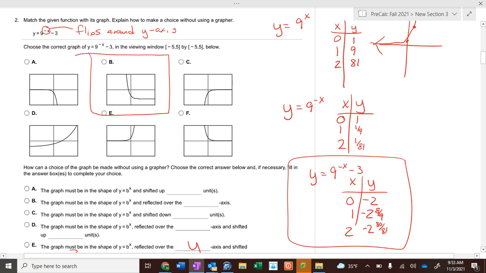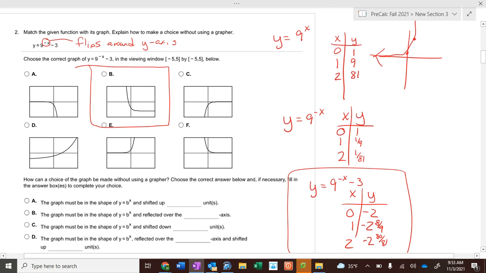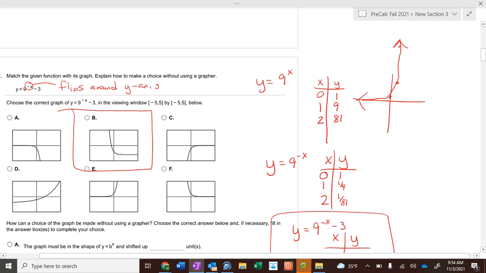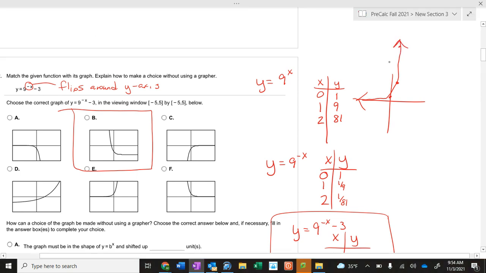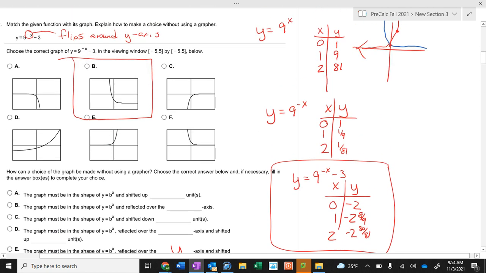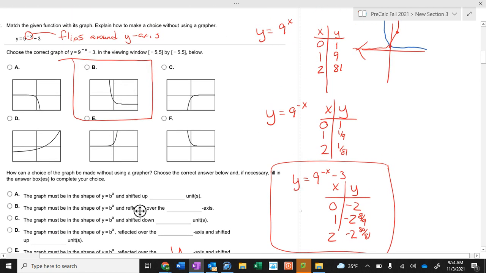When we flip around the y-axis, let me do it in a different color. Boom. It would go like this. Okay? And then we're just dropping it, so then it looks like that.